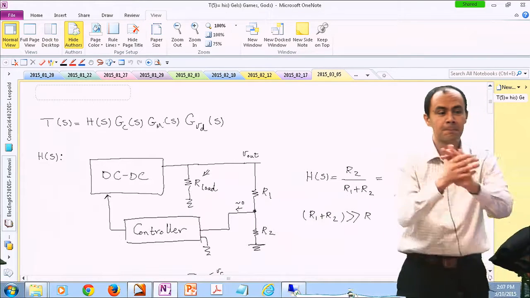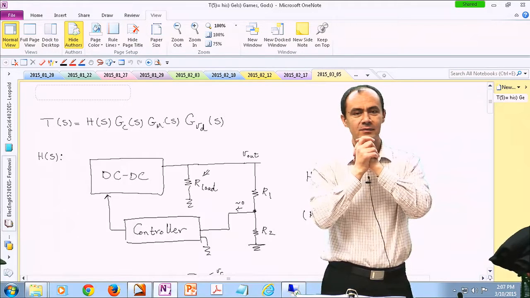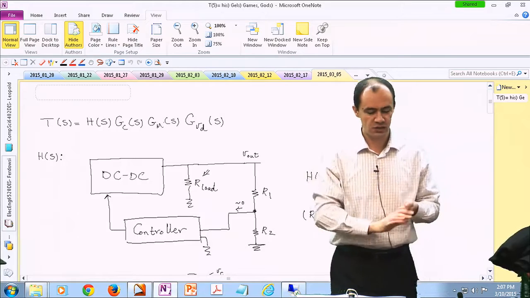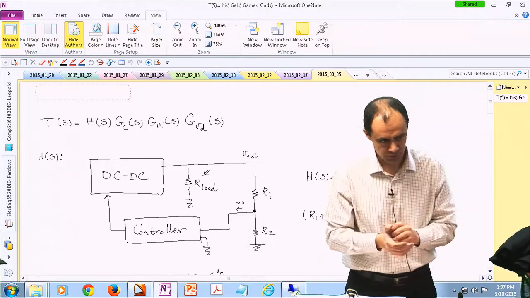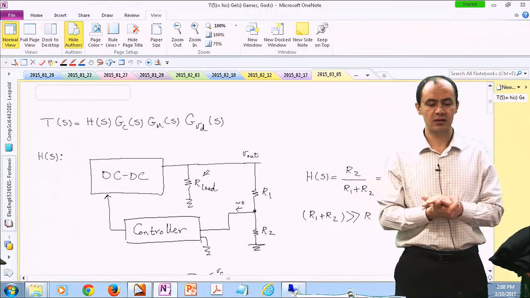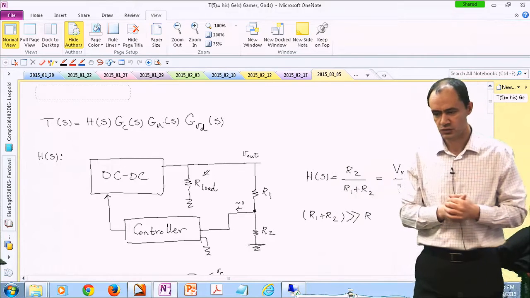I have a small question. What is the use of including zeros in a compensator? Oh, the question is, why do we add zeros to the compensation network, right? Zeros are good in terms of giving us a phase boost, and I'm going to explain what a phase boost is.